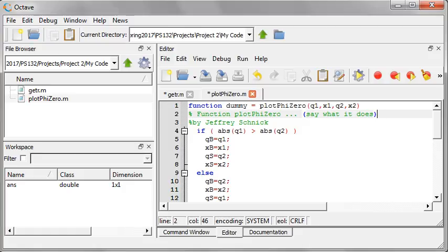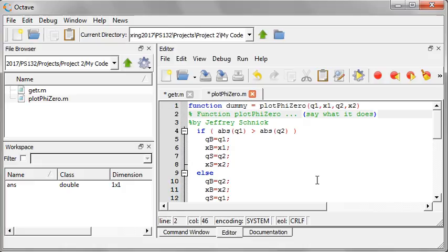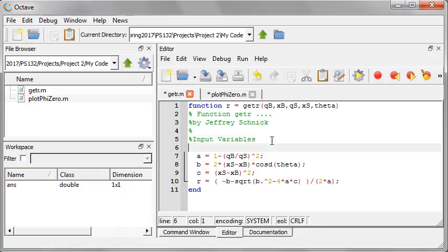Let's go back to the checklist. So suppose I've written that all out, figured out what that does, and written it out thoroughly. And then according to the checklist, another set of comments. So I was starting to do that for the other function. So input variables.